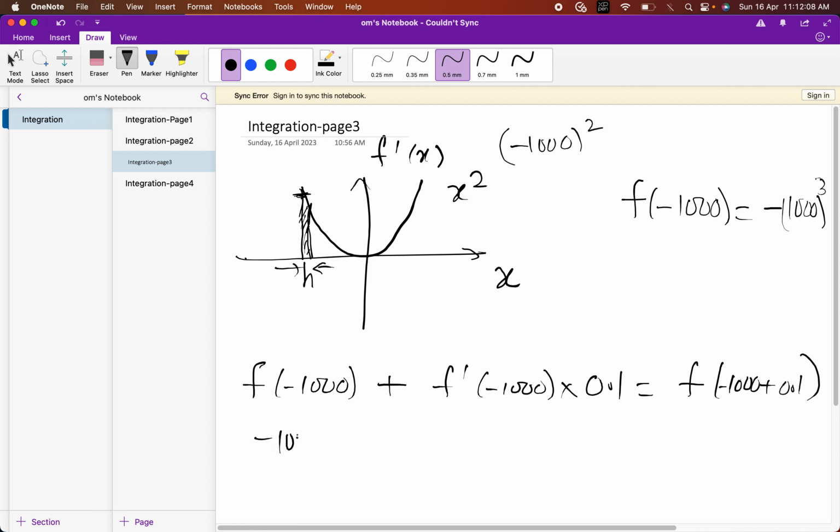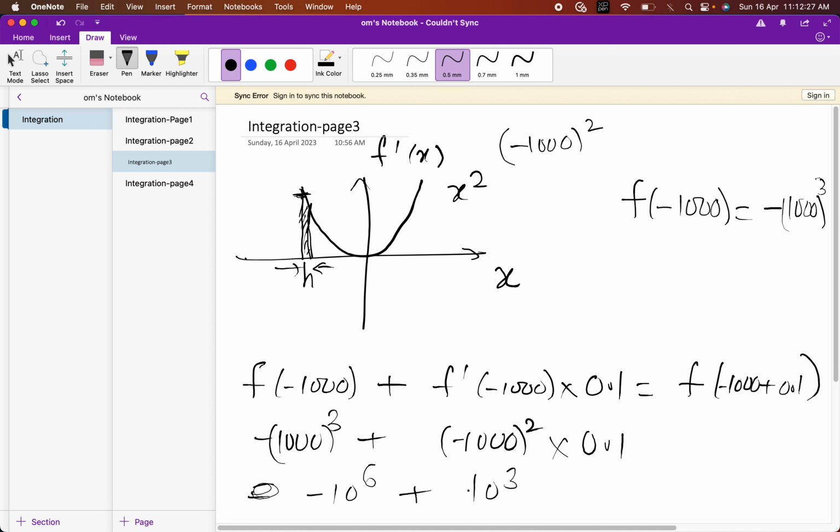So this is minus 1000 cube plus minus 1000 square into 0.1. If I calculate this value, this will be minus 10 raised to 6 plus 10 raised to 4 into 0.1, which is 10 raised to 3. So it's still a large negative number, and I have reached the neighborhood point.